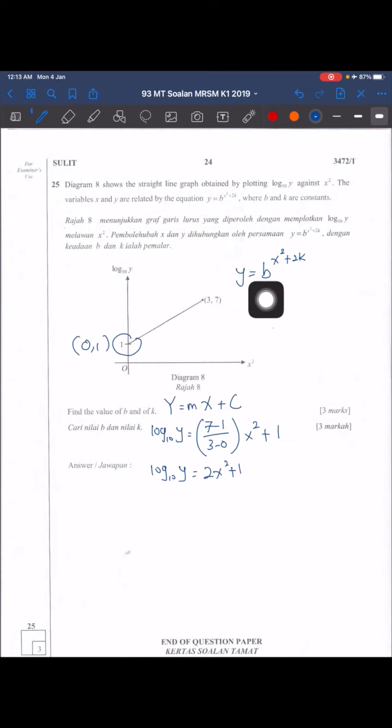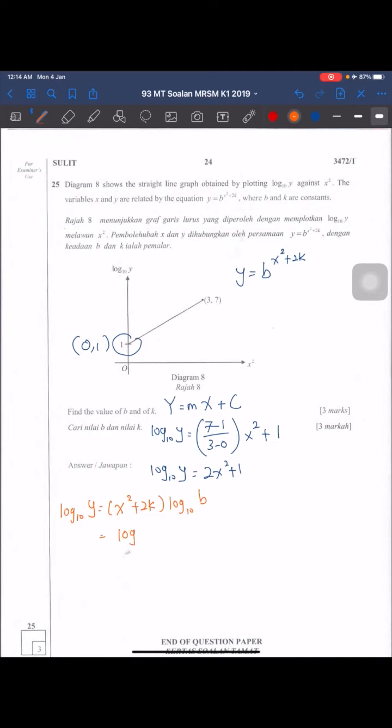Okay, next kita kena cuba ubah equation ini base supaya dia menjadi macam dalam diagram tu. Ni capital Y kita ada log tan Y kan. So sini Y sahaja. So kita kena logkan equation ini. Saya log both sides. So akan jadi log tan Y equals to, kalau dalam log power saya boleh pindah depan, saya pindah depan terus, x square plus 2k log tan B. Next saya darab masuk.